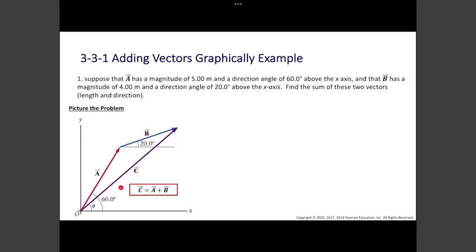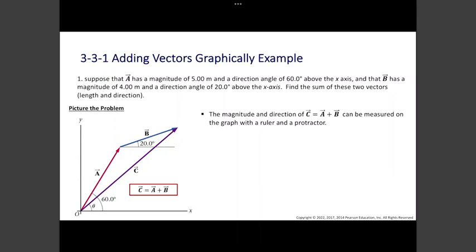Now the vector sum, which is C, points from the tail of the first vector to the head of the last vector, which is C.